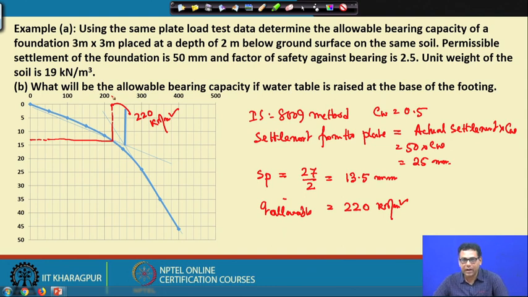So, this way, I have applied the water table effect in the settlement only, because settlement is giving the lower value, that is why I have applied it to the settlement. Similarly, you can apply it for the bearing also, but bearing will definitely give you the higher value. So, that is why I have not applied the water table effect in the bearing. You reduce the settlement and then calculate the corresponding bearing pressure.